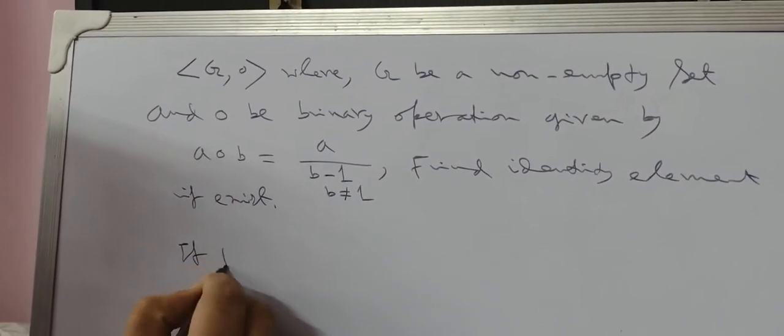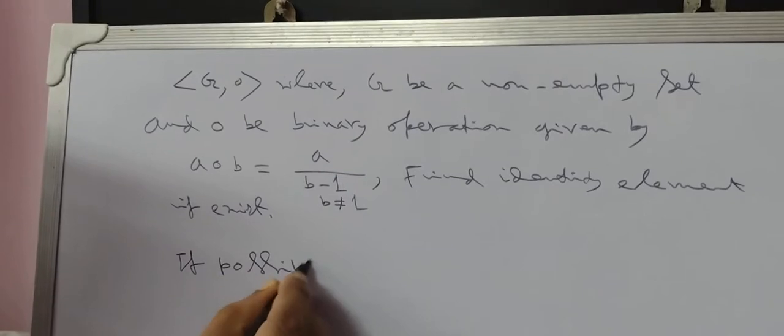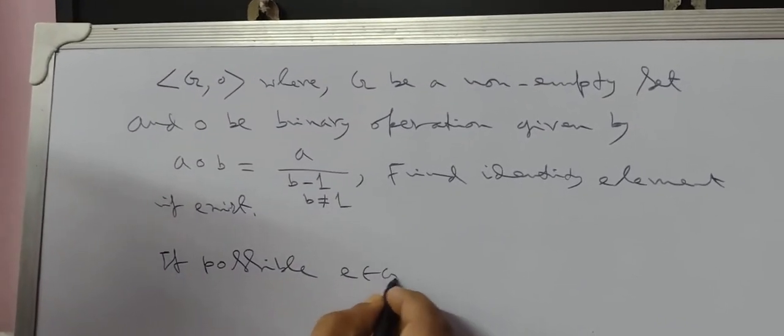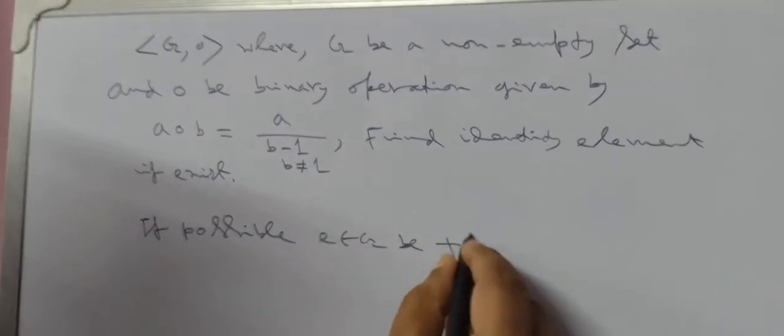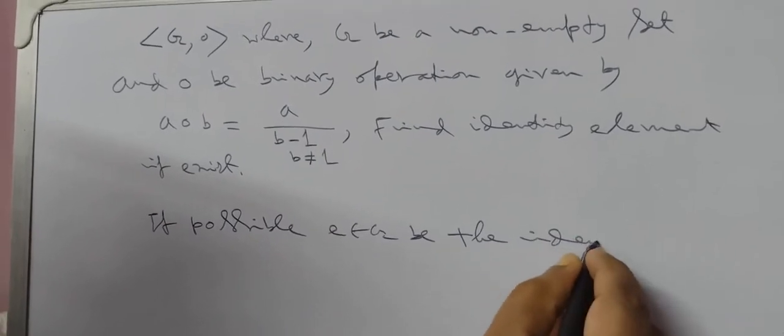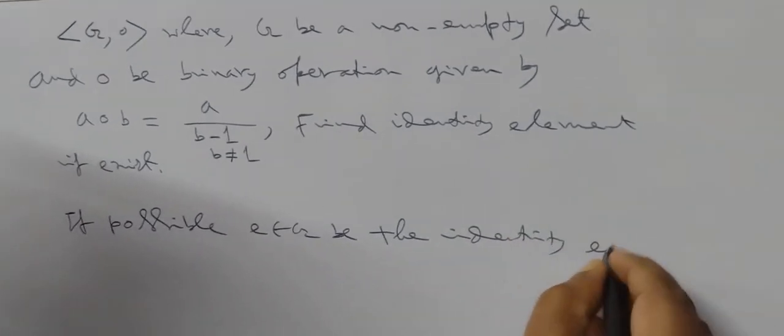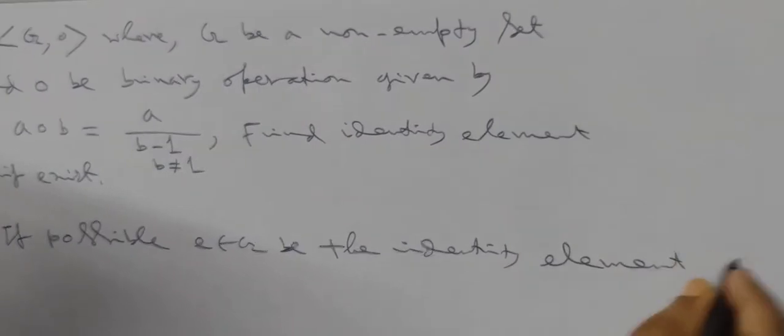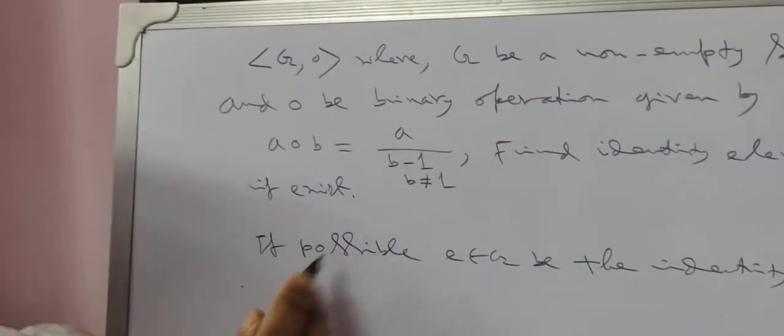If possible, let E belong to G be the identity element. Then what happens?